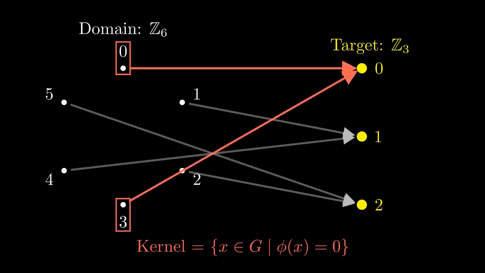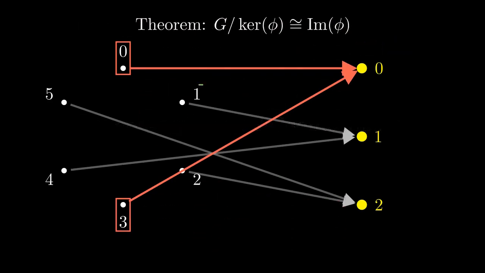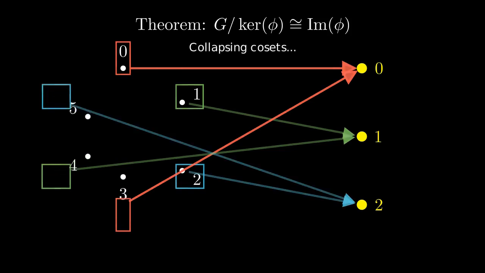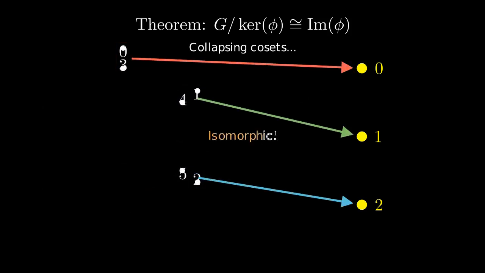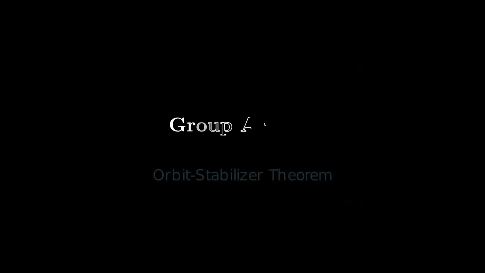The kernel here is 0 and 3, which go to the identity. And these are the same cosets. So by collapsing the cosets, we get an isomorphism, which means a one-to-one map.